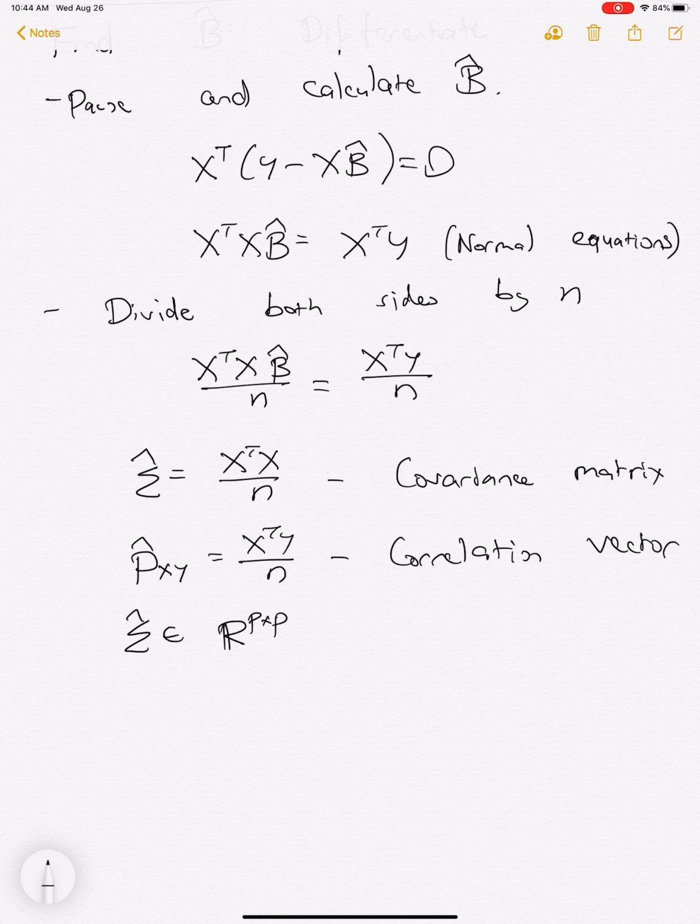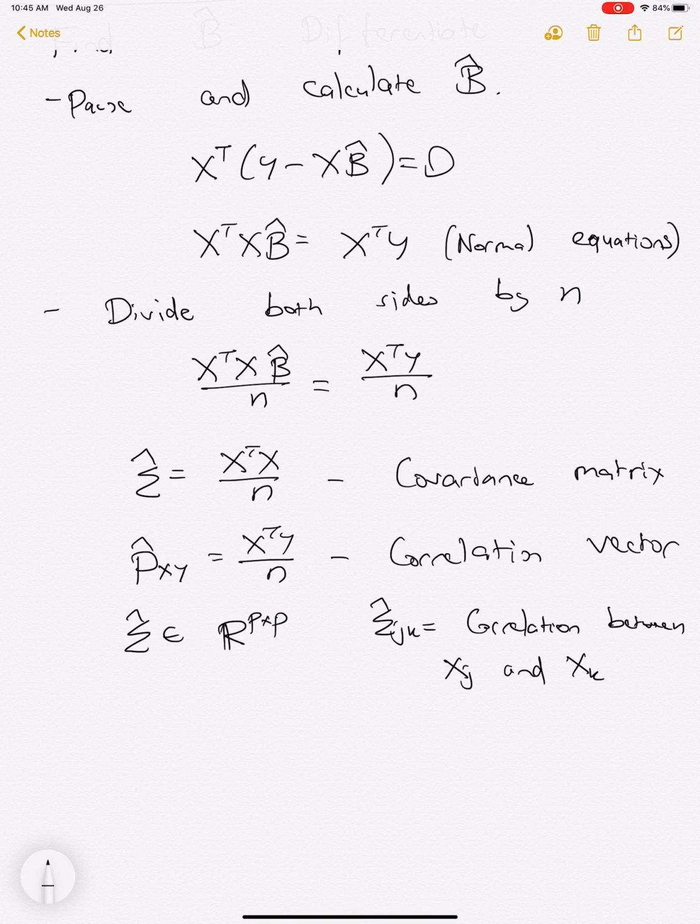Sigma hat is a p by p matrix, x transpose x over n. Sigma hat jk is the correlation between xj and xk. Normally it would be the covariance, but because we've standardized, so we've centered the variables and normalized them, this is just the correlation between xj and xk.